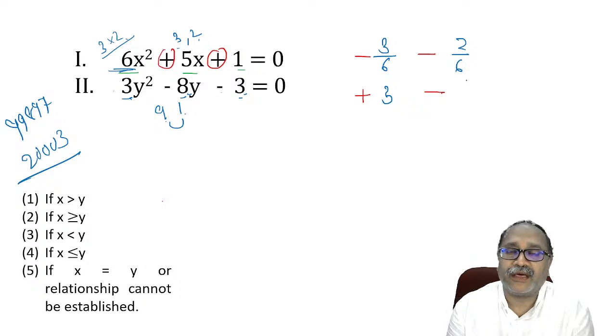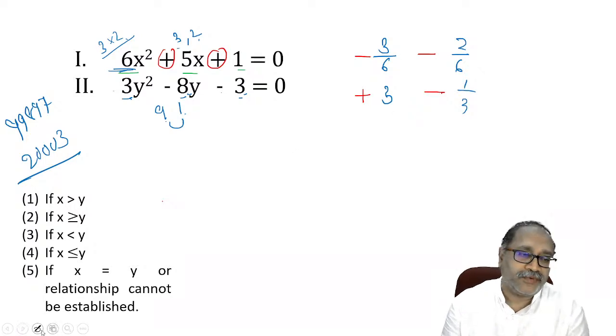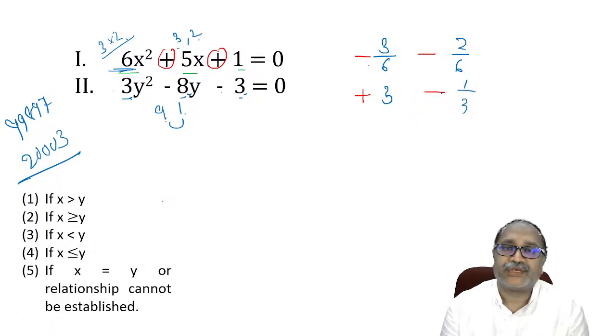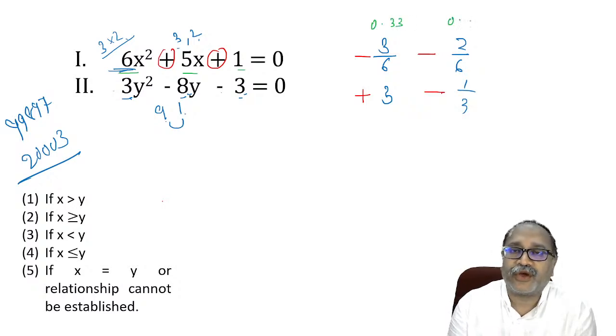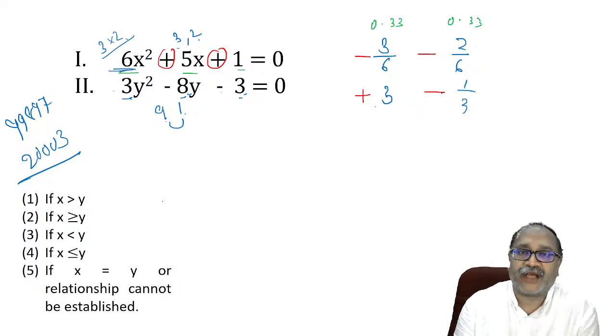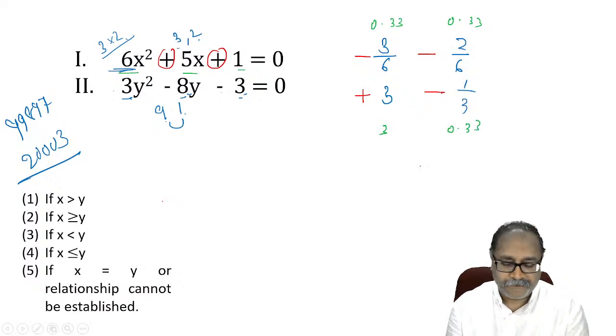Let's write 0.33, and here it is 1 by 3, 0.33, both are the same value. Here it is 3, and here it is minus 0.33. Aman, that's good.